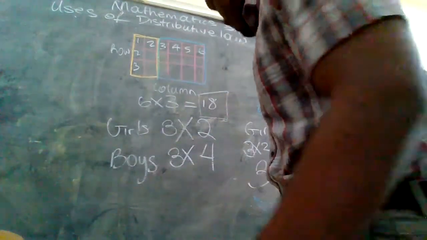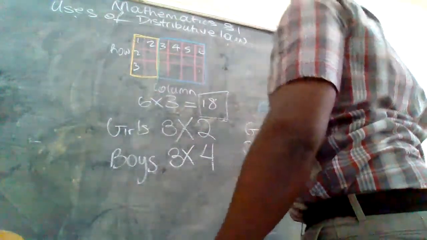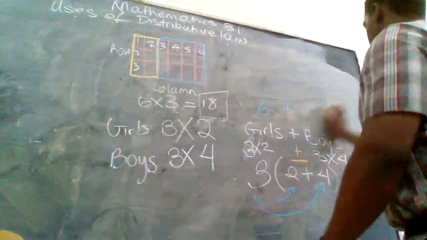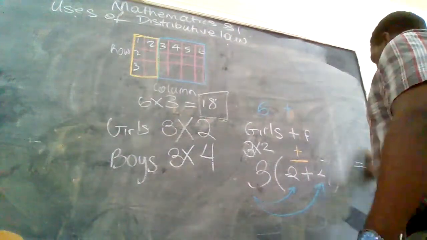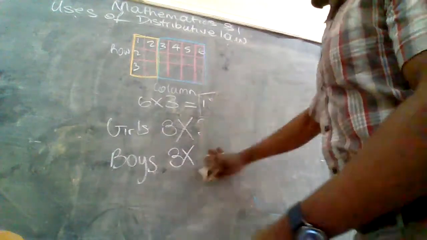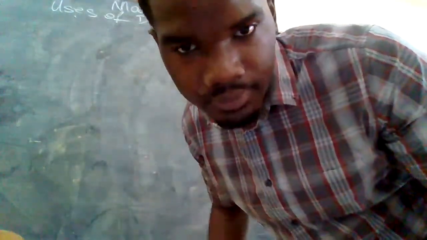Okay? So I'm going to write something on the board for you to take off. So take this off for me quickly. Alright, so I want you to take this off from it. Distributive law.